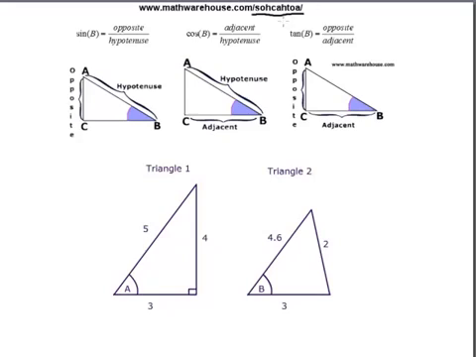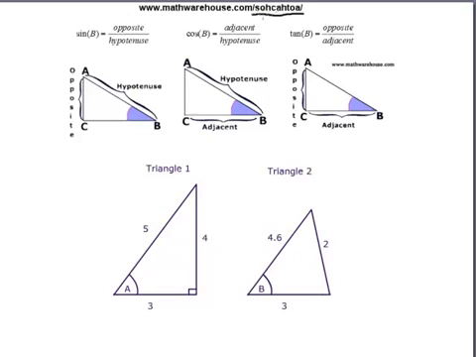SOHCAHTOA is just a mnemonic device people use to remember what ratios go with sine, cosine, and tangent. The sine of an angle B here is always its opposite over hypotenuse, hence SO. Sine is the opposite over the hypotenuse.